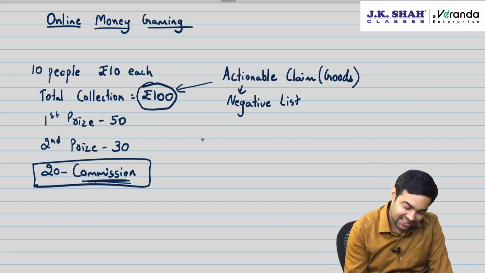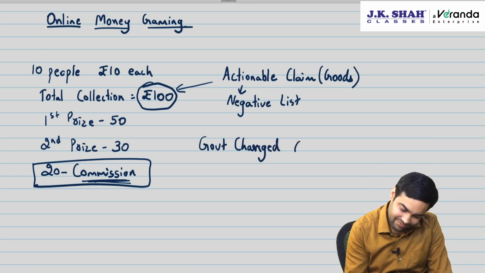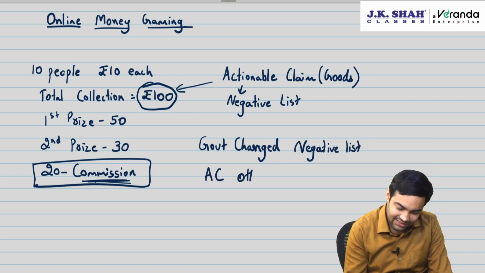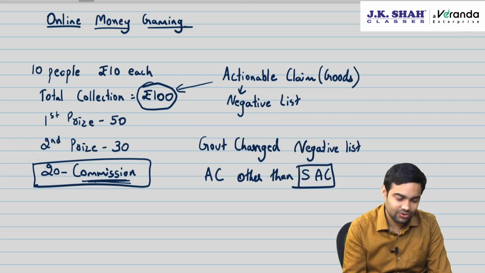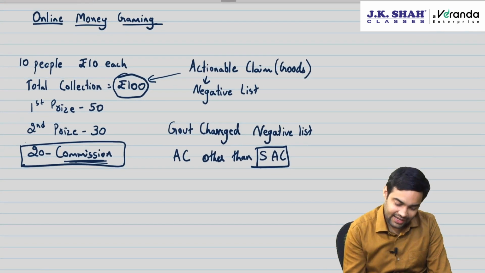So government changed negative list and they said actionable claim other than specified actionable claim. That means these specified actionable claims will be liable to tax.